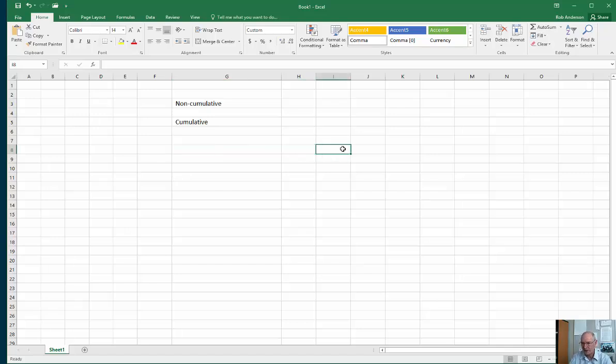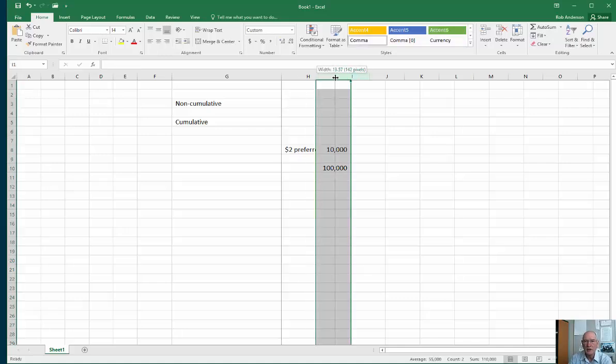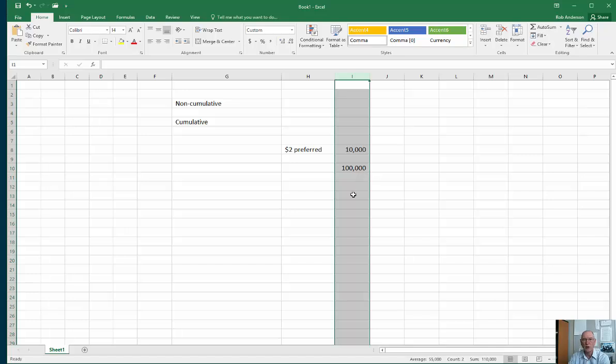So we're going to say that we have 10,000 preferred shares and 100,000 common. Okay, so these are going to be $2 preferred. Now, that's how we're going to write it, but I just want to make sure that you know it doesn't mean that the preferred share costs $2.